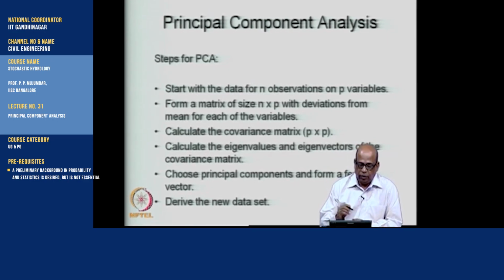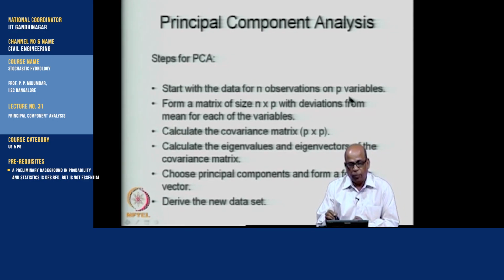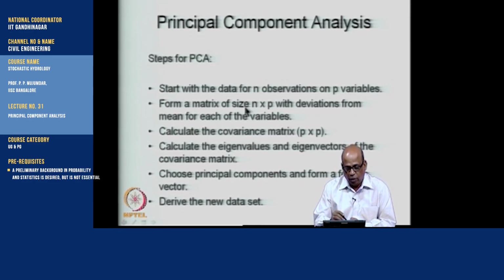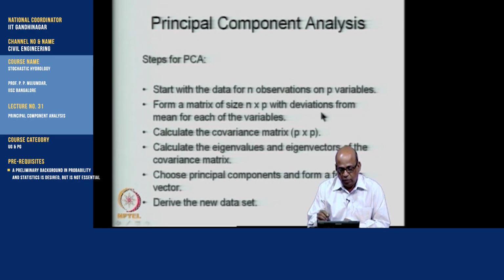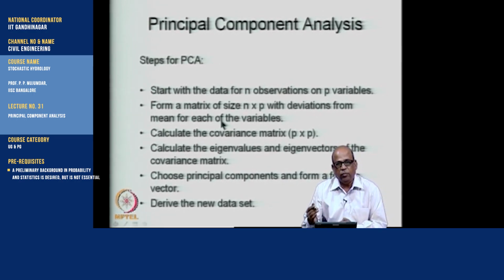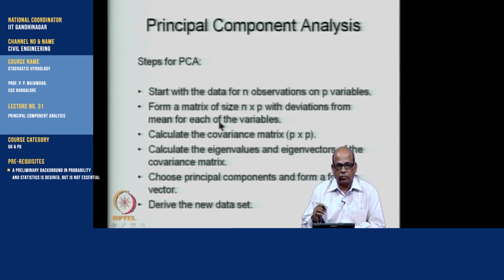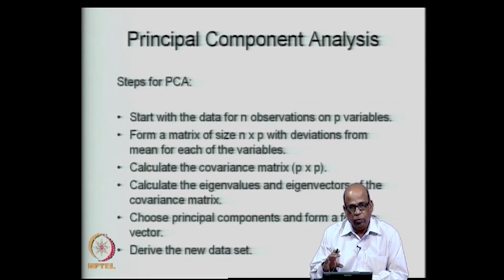Now, from this matrix of n observations on p variables, you form a matrix of size n by p with deviations from the mean for each of the variables. Typically we do this on the independent variables. So, you pick up all the independent variables, deduct their mean and formulate a matrix of size n by p.